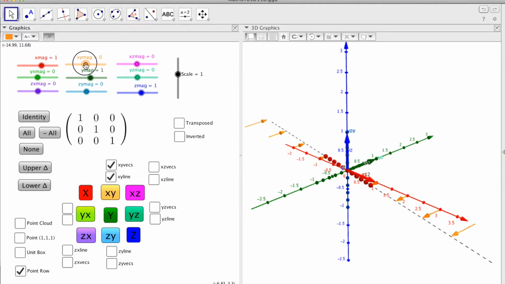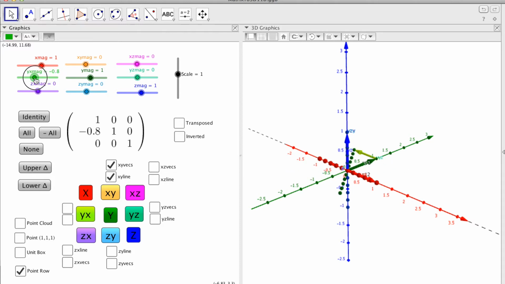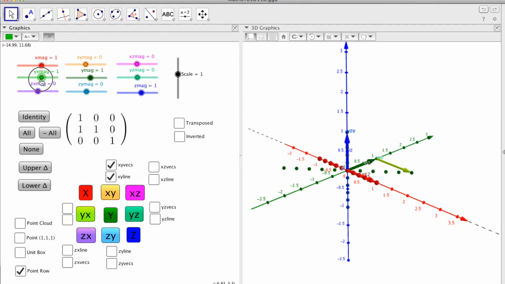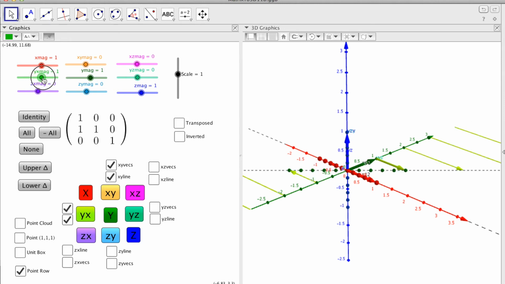And there is a complementary skew, the yx skew over here, which shifts points in the x direction based on their magnitude in the y direction. So this too is best visualized as a skew line. These are skewing transformations.